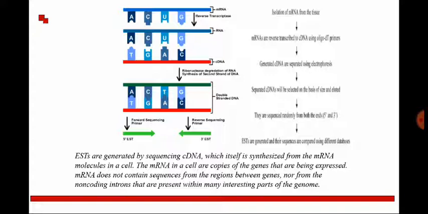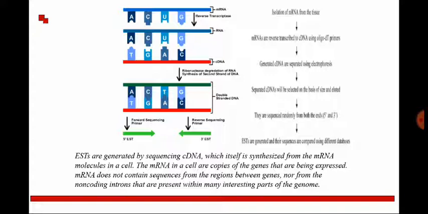Here one strand of RNA contains the nucleotides which form the complementary DNA. It contains only coding regions, that means the exons.